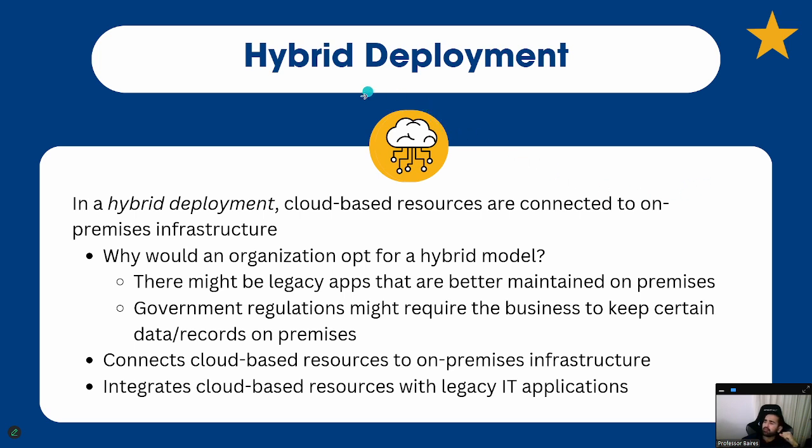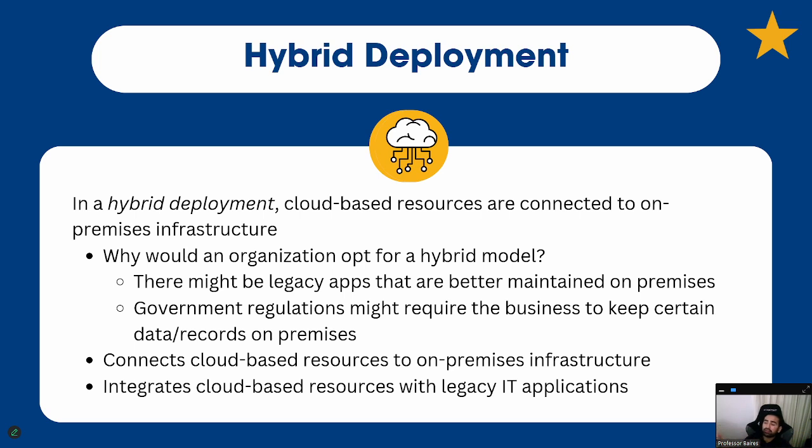All right, so hybrid deployment. In hybrid deployment, cloud-based resources are connected to on-premises infrastructure. So why would an organization opt for a hybrid model? There might be legacy apps that are better maintained on premises. Government regulations might require a business to keep certain data and records on premises. So yeah, they might be restricted.